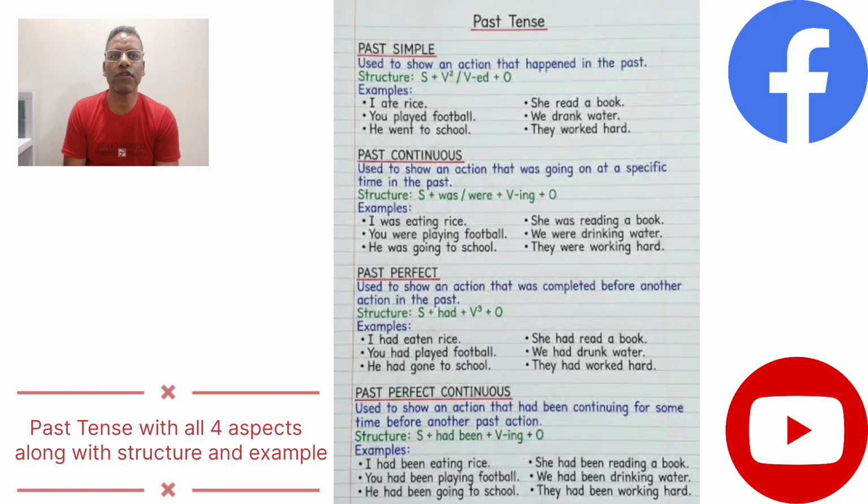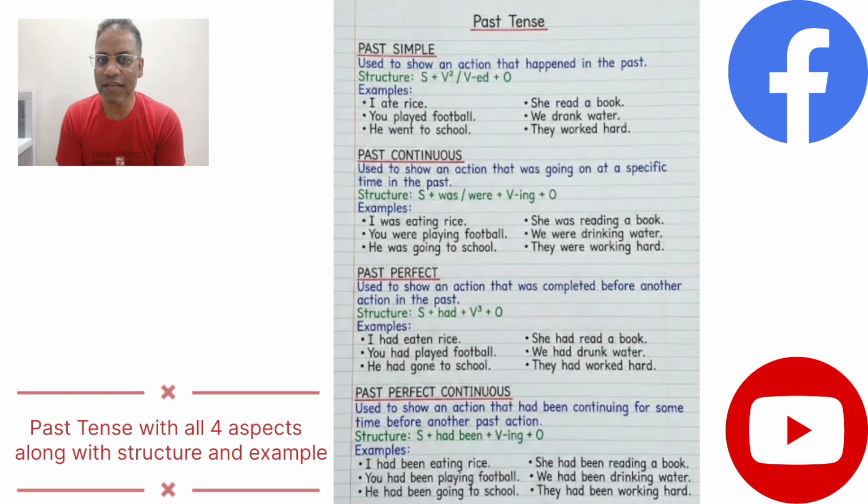Today we are going to talk about past tense with all its four aspects: the past simple or past indefinite, past continuous, also called past progressive, along with past perfect and past perfect continuous.